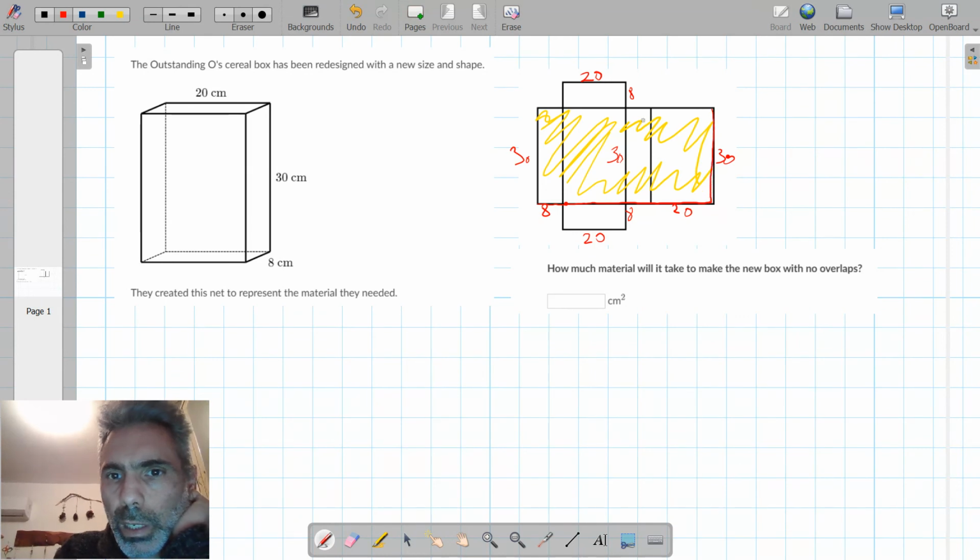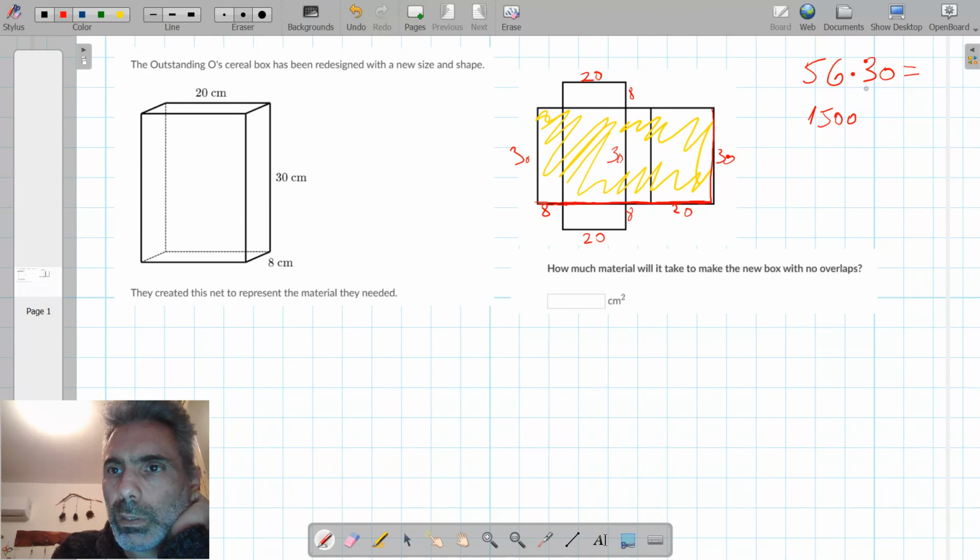The area that I shaded in yellow has an area of 56 times 30, which is 50 times 30, is 1500.